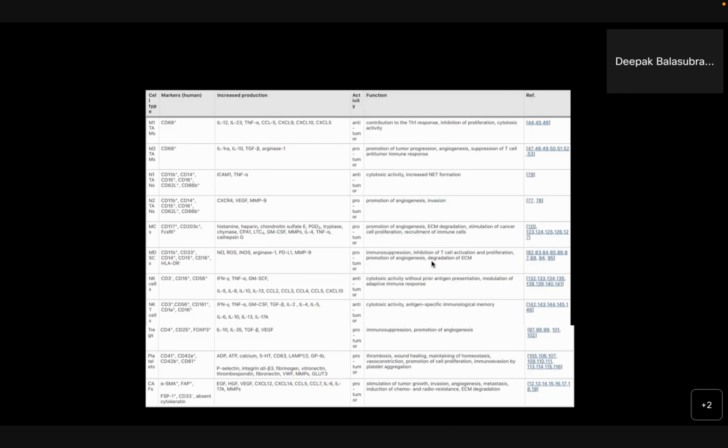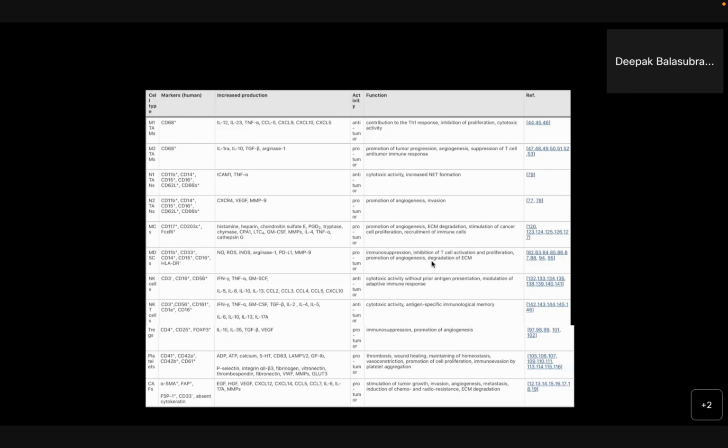Now, if you look at the different cell types, the different cell types have different functions, and this is a very exhaustive table. So you can see from the CD68 cells going down to the CD11, CD117, CD3, CD4. All these cells have an effect. This is the immune response to the tumor. Some of them promote tumor growth, some of them destroy tumor growth, but this is just a table to show you how varied the functions of the stromal cells are.